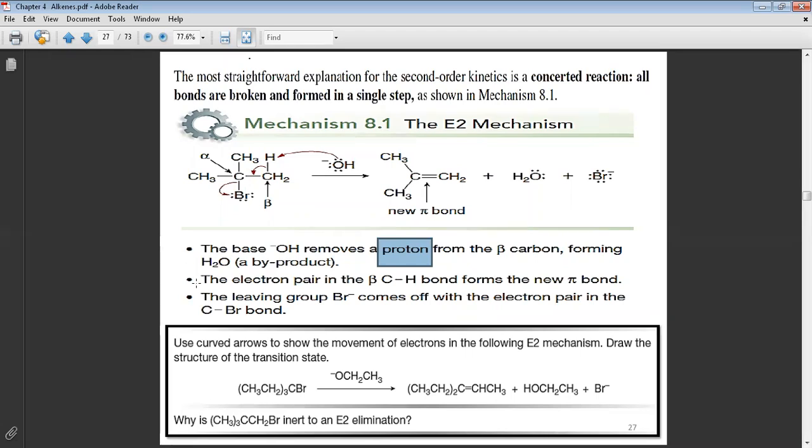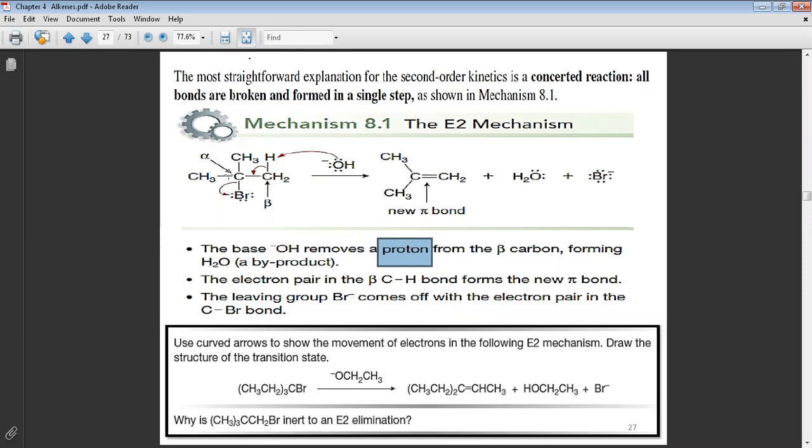Now, the electron pair in the beta carbon-hydrogen bond, this one here, forms a new pi bond. Both of the electrons will move to here to make a new double bond.